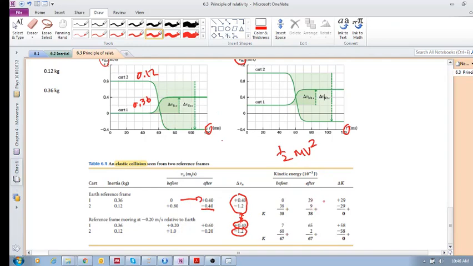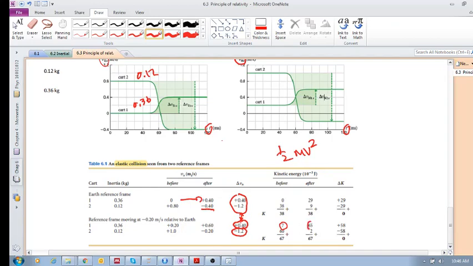Okay, fair enough. Now, what is the delta K for cart 1? It is this. And what is the delta K for cart 2? It is this. It's plus 29, minus 29. So if you now calculate the same kinetic energies for these two carts before and after in the new reference frame, can you see that you get different values?